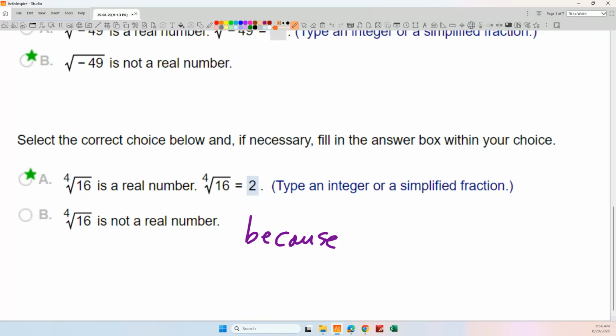Because 4 squared is 16. Okay, let's go one step further than that. 2 to the 4th is 16. Okay, make sense? Okay. All right.